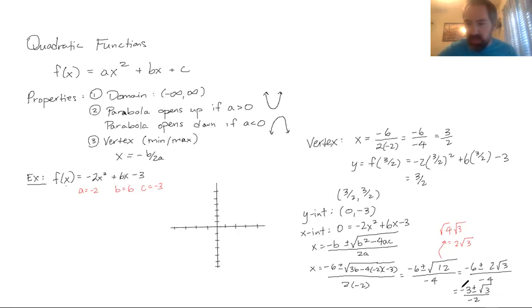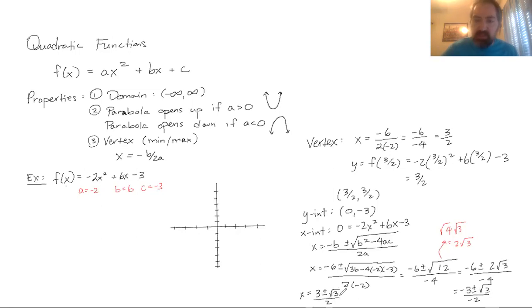Okay, so -3 plus or minus the square root of 3 over -2. I'm going to multiply through here by a -1. That will just make it look nicer. That's a +3, and plus or minus, it's still plus or minus, square root of 3 over a positive 2.